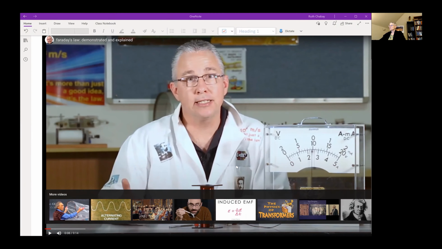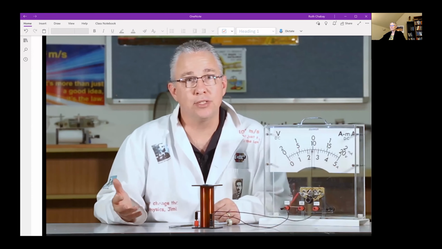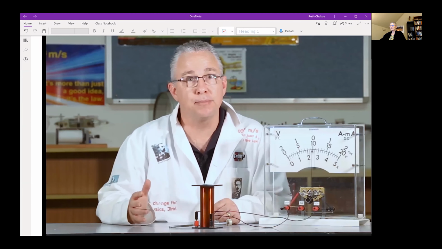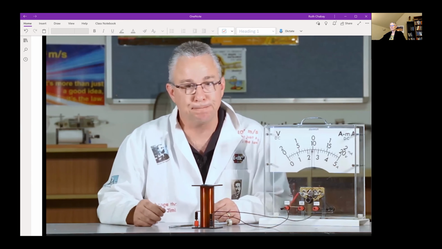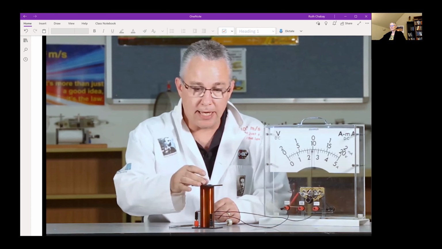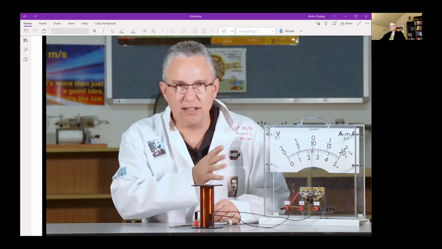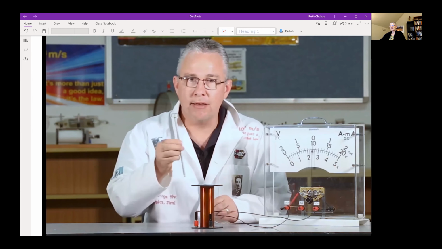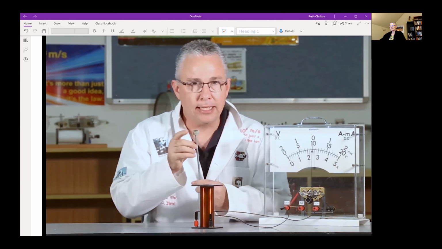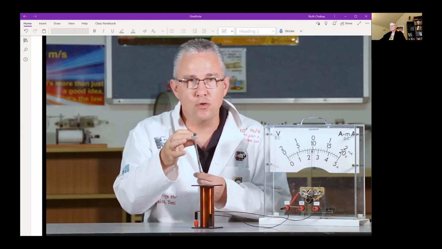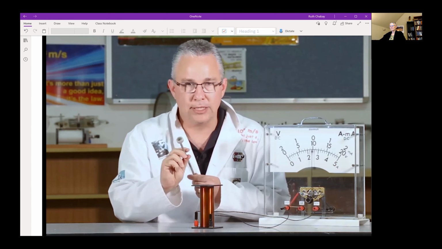Okay, so here is a demonstration of Faraday's law. And today I want to demonstrate Faraday's law and give you a bit of an explanation as well. So in front of me I have a coil, and that is connected to this ammeter or galvanometer. And I also have a rare earth magnet, and this magnet is facing so that the north is facing outward, like so.